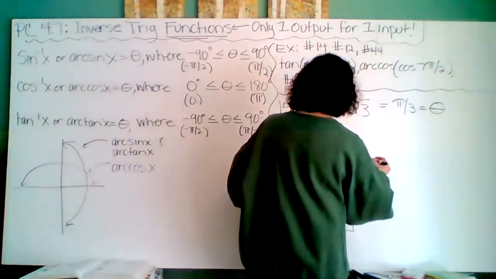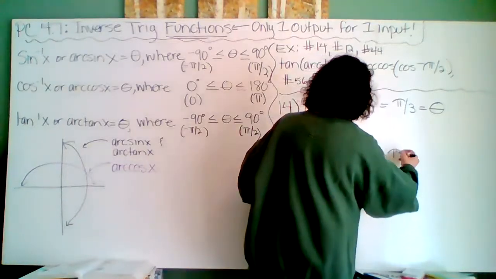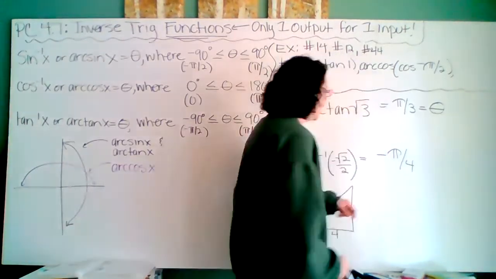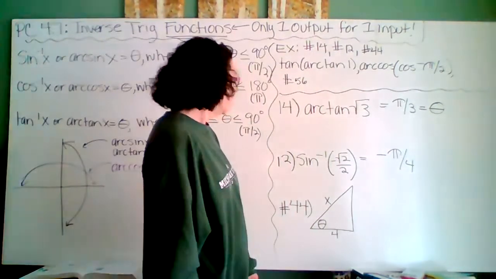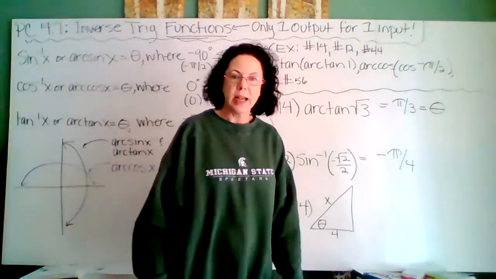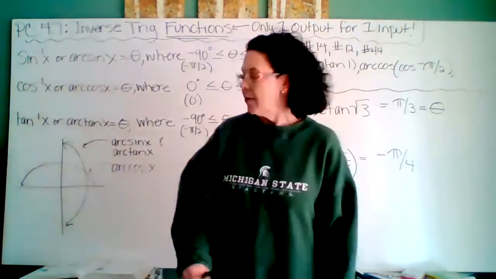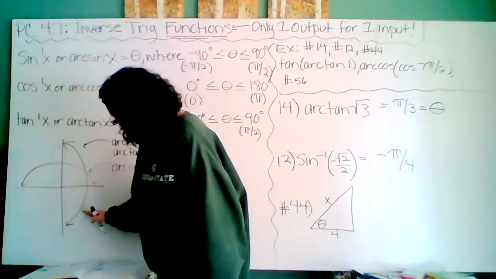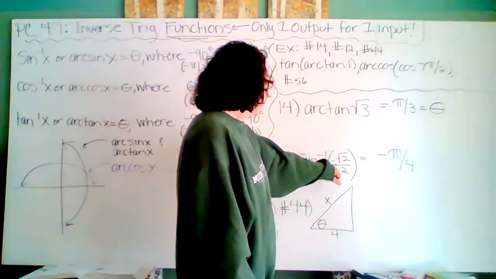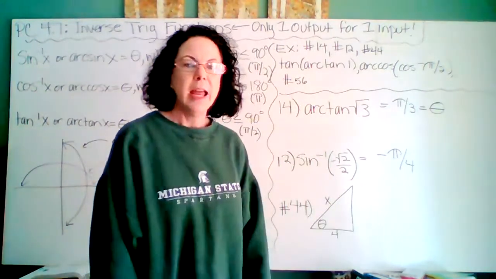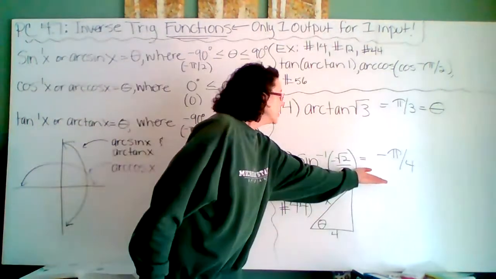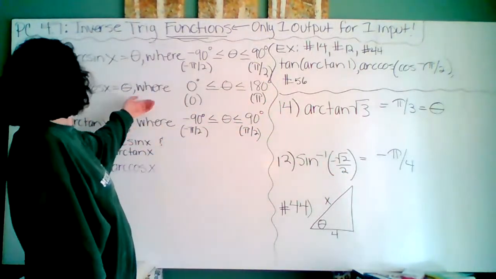So my angle must be negative π/4. The angle is π/4 because I know that's where sine has a value of square root of 2 over 2. I know I've rotated a negative π/4 into the fourth quadrant because my value is negative, and that is an acceptable answer that I am allowed to output.